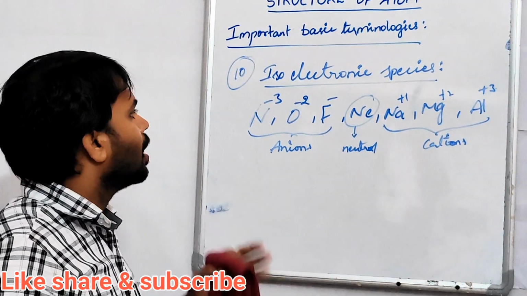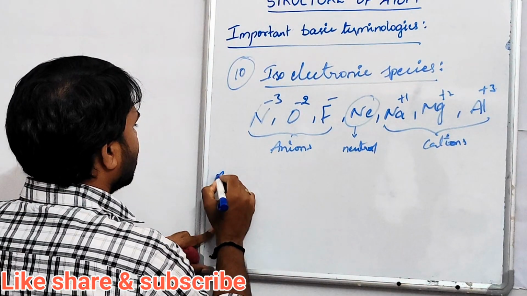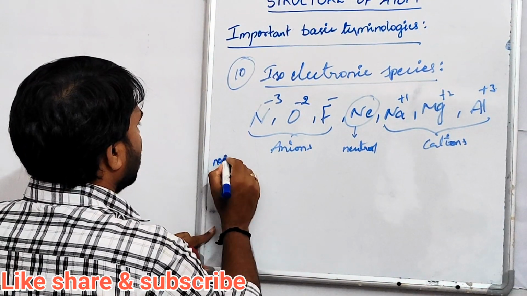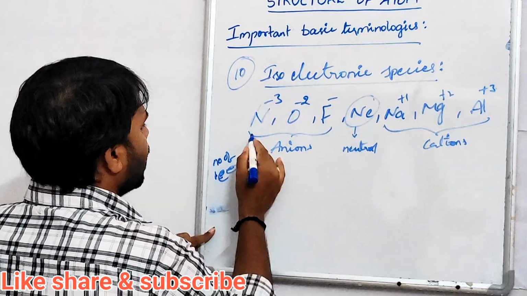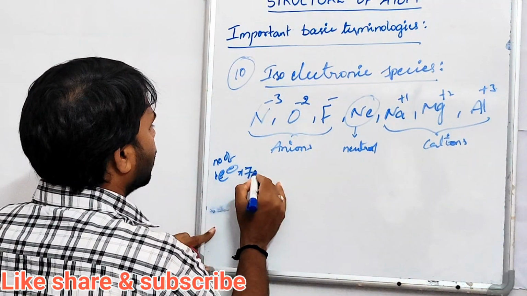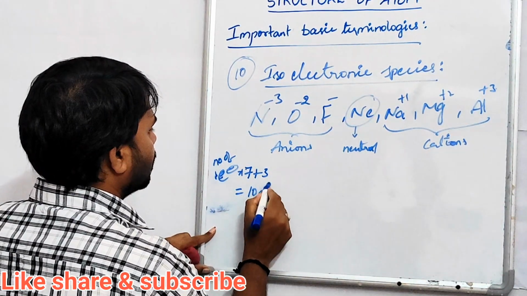Now come to the calculation of electrons for all these atoms. Number of electrons: in the case of anions, atomic number for nitrogen 7 plus number of electrons gained 3, total 10 electrons.